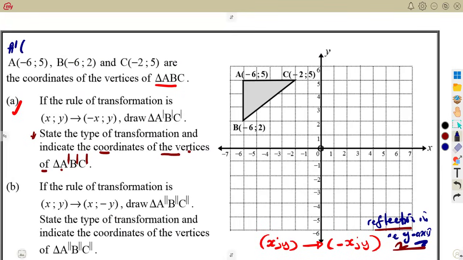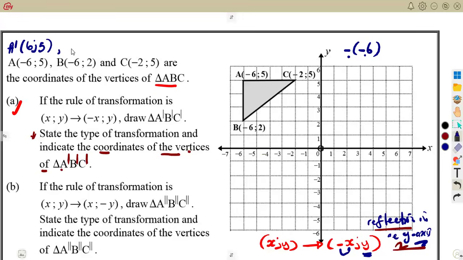So what is going to be the image of A? Remember the rule is saying x becomes what? A minus. Y remains as it is. So this x, it was a minus. You multiplied by a minus. So minus times minus, what? That's a positive. Y is not affected.